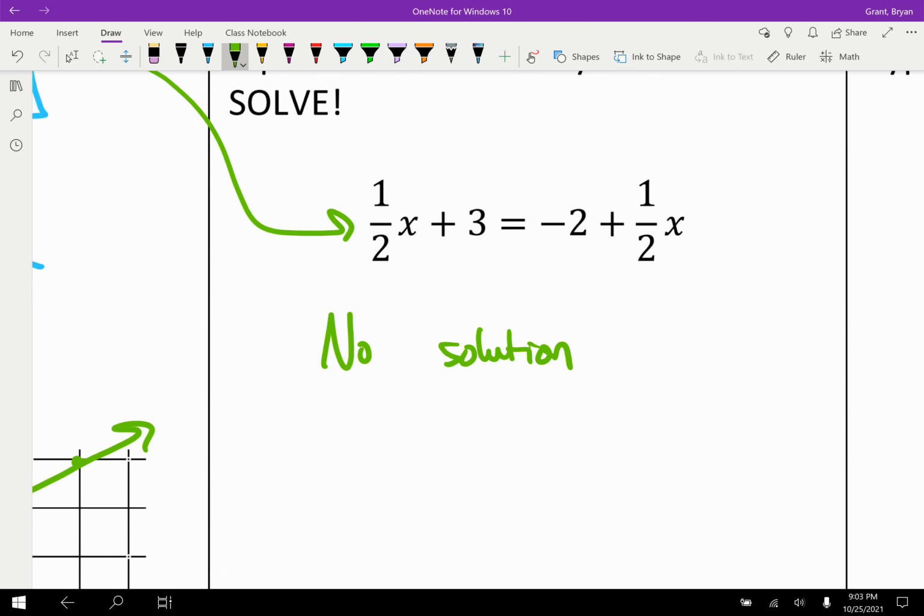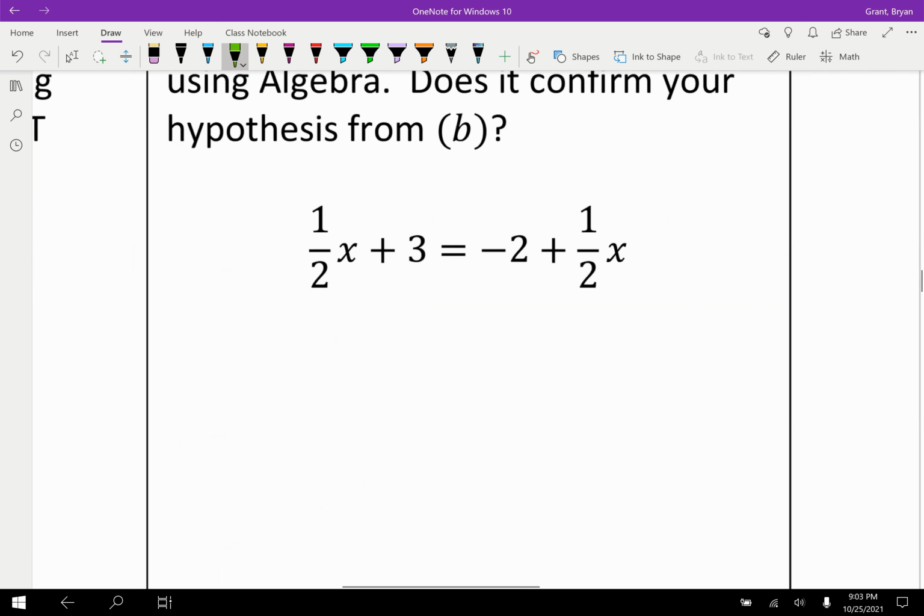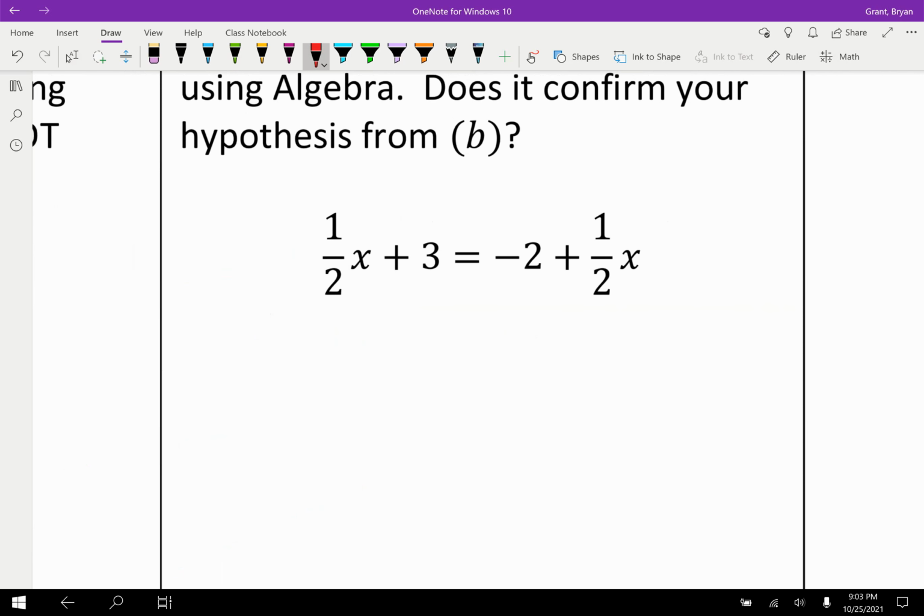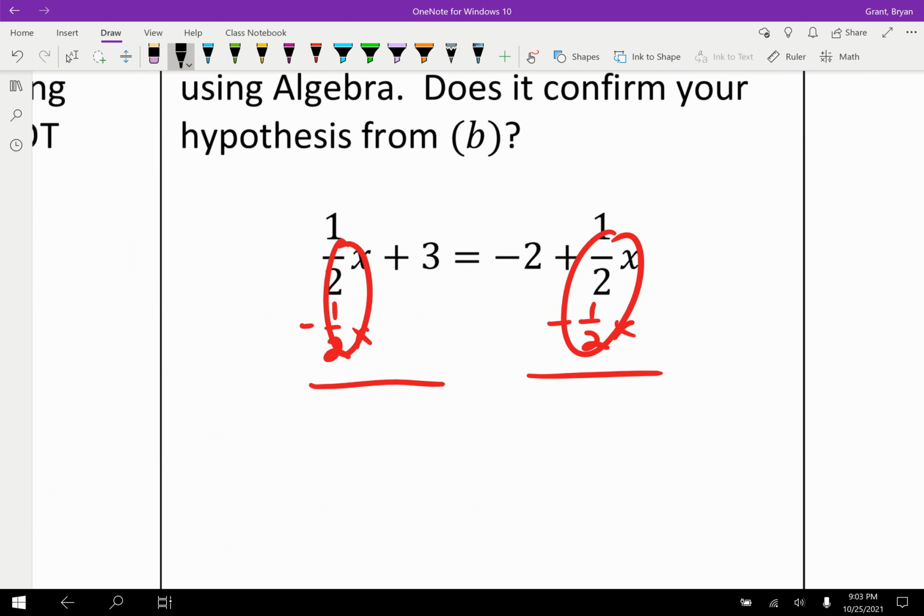How do we prove it? Well, we look at the last one. We actually use some algebra. We're going to bring the x's to the same side by subtracting them off. But when you do that, because they are the same value on each side, they cancel, and it leaves us with 3 equals negative 2. Is 3 the same number as negative 2? Well, no, it's not.